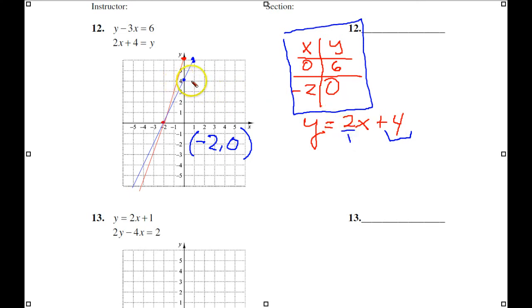So from 4, we go over 1, up 2. Then if you carefully make your lines, and that'll be the thing, you have to carefully make your lines. In MATLAB, that's rather easy to do, but you need to know what your points are. And then our point of intersection is at -2, 0.